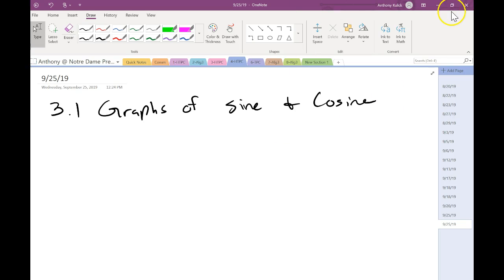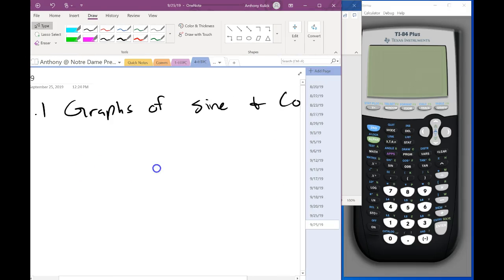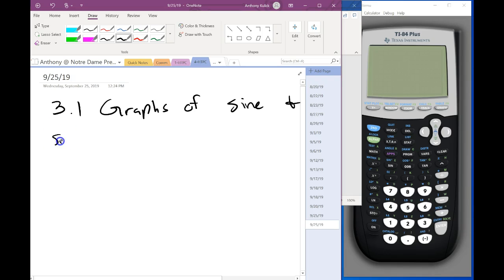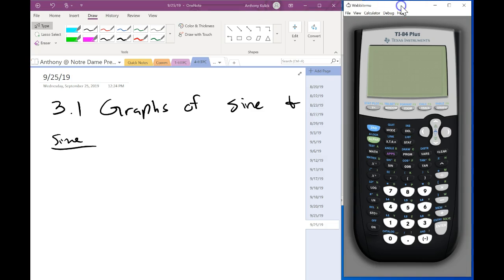So let's start by talking about sine. And to do this, we'll start by looking at the graph of sine.